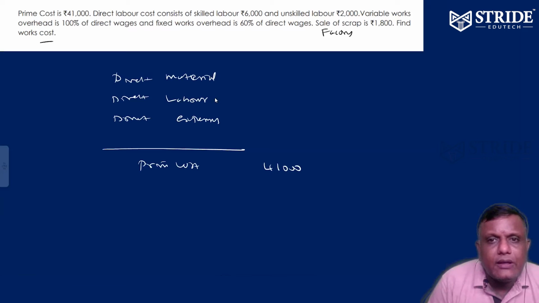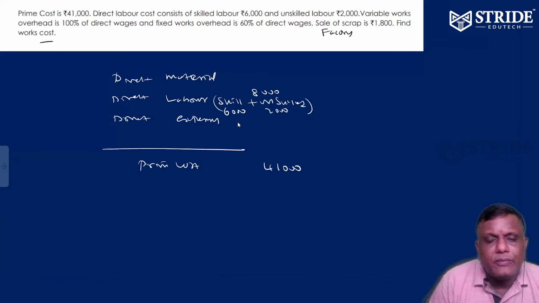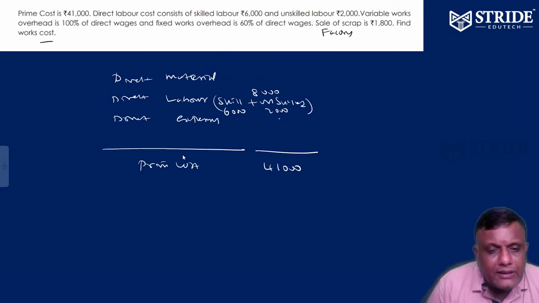Direct labor, two things: skilled 6,000 salary plus unskilled 2,000 salary. So overall we paid 8,000. Direct material is not given, that expense is not given. No problem, leave it. Direct labor is given. After direct labor only, prime cost will come.